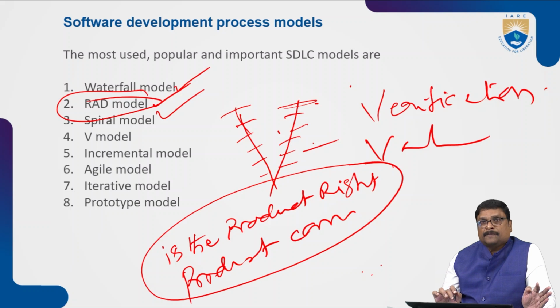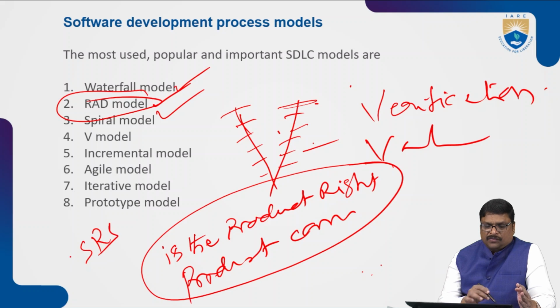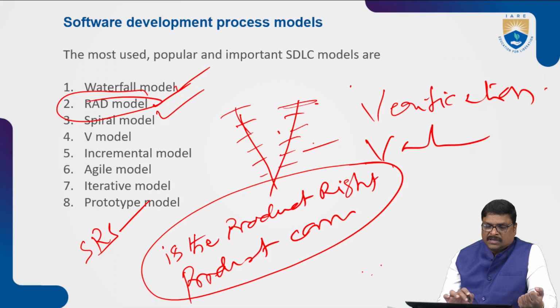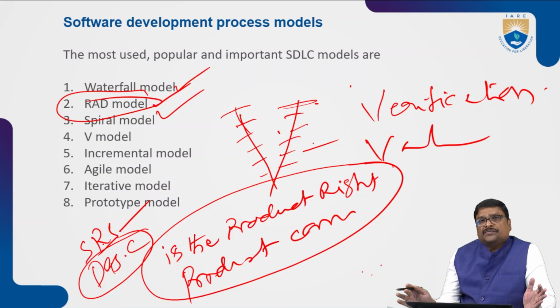For example, after gathering the requirements, the SRS document is prepared. You have to verify and validate whether the SRS document has captured all the requirements given by the customer, and covers all functional and non-functional requirements. Then whether the design documents cover the end-to-end functionality of the software system.